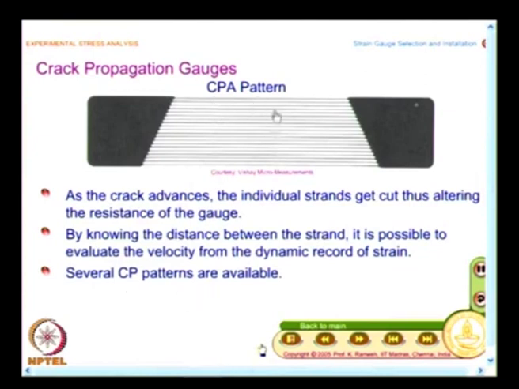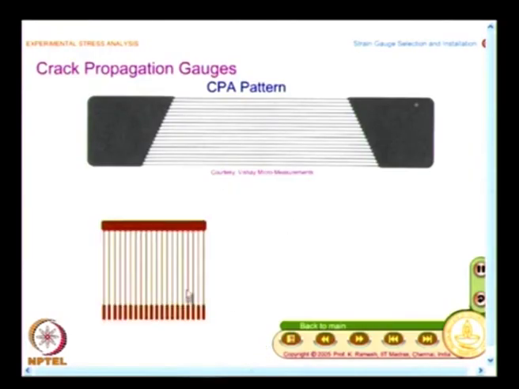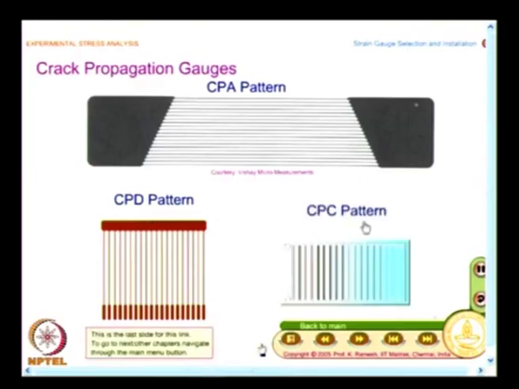I have shown one such pattern here, and you have another two set of patterns which are like this. This is designated as CPD, and then you have another pattern called CPC pattern. In this case, the grids are aligned like this, and this is also used for finding out the crack propagation and eventually its velocity.